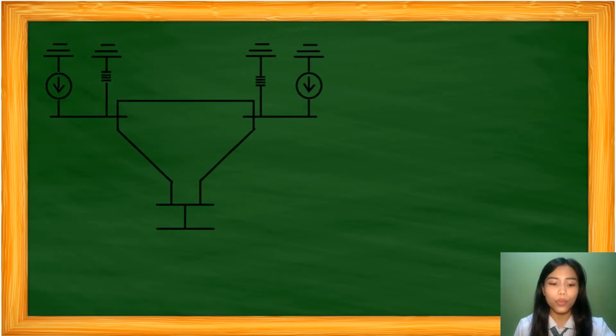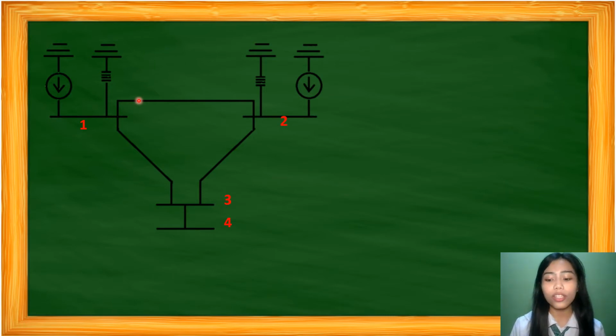Here, suppose we have bus 1 right here, and bus 2, bus 3, bus 4. The lines that connect bus 1 to bus 2, or buses to buses, are what we call the transmission lines.